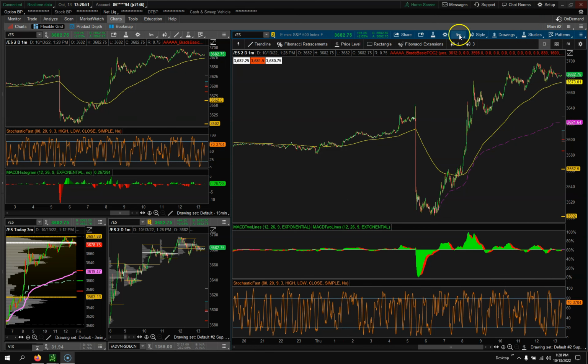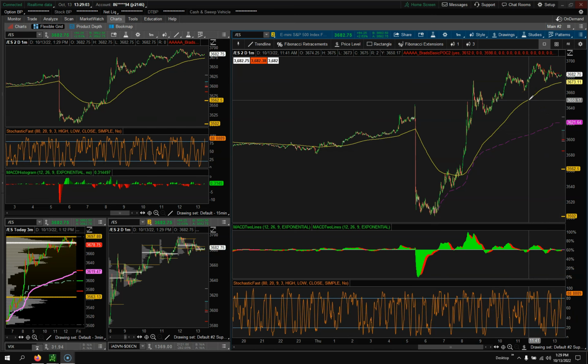This is a 1 minute chart with a fast stochastic, just the 3 showing. The yellow line is the 200 EMA. And then I also have the 50% open first hour high low with Fibonacci's in there.